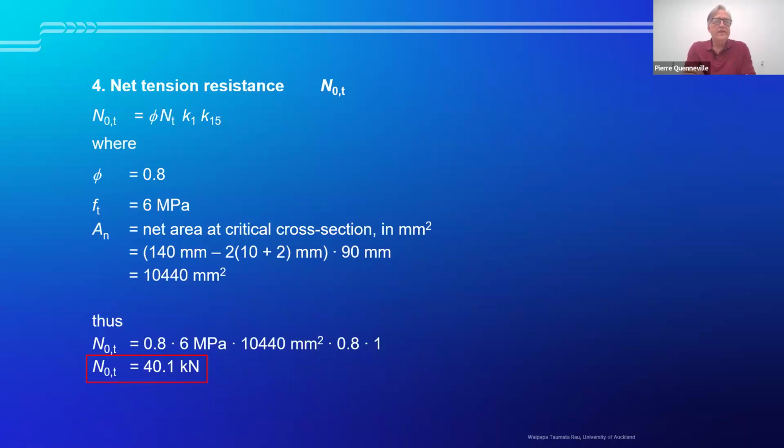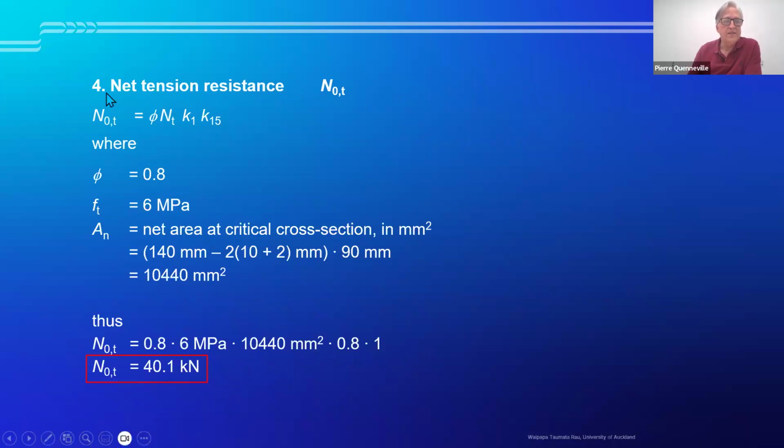The last one is our net tension resistance. This is an equation that was already in NZS 3603. So it's just a matter of getting the net area at the critical cross section. And we have 10,440 square millimeters.